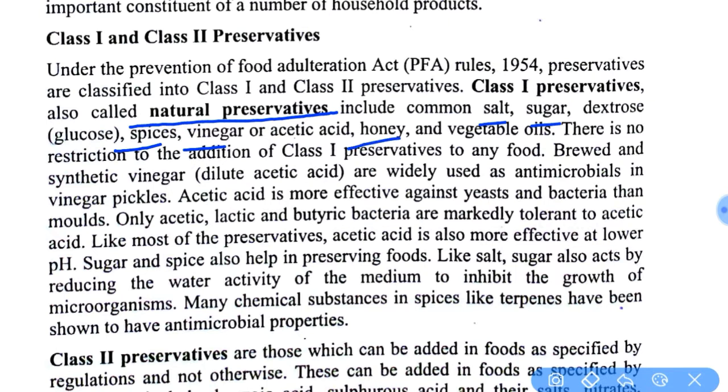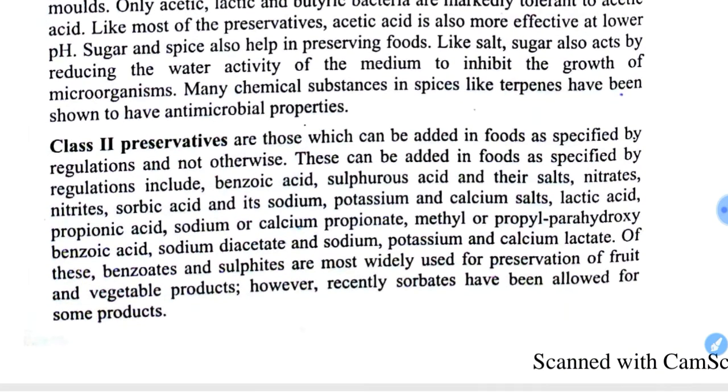Honey and vegetable oils do not require any government permission. But class 2 preservatives are chemicals which require what? They require permission from the government.